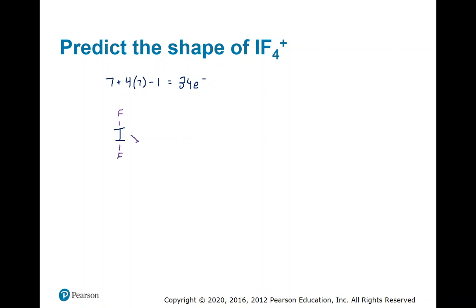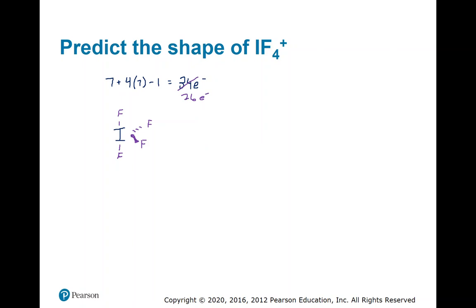And again, I already know what the shape's going to be like, so I'm going to draw it in a more suggestive way. We used 4 bonds, or 8 electrons, to do that, so we have 26 electrons left at this stage.